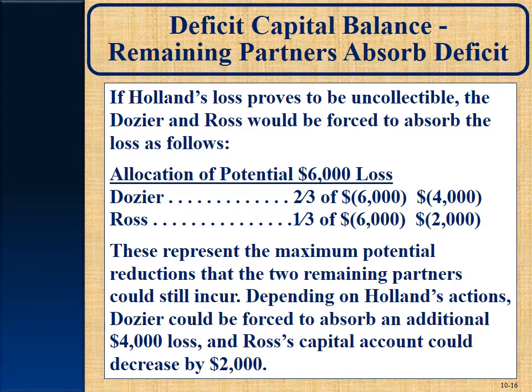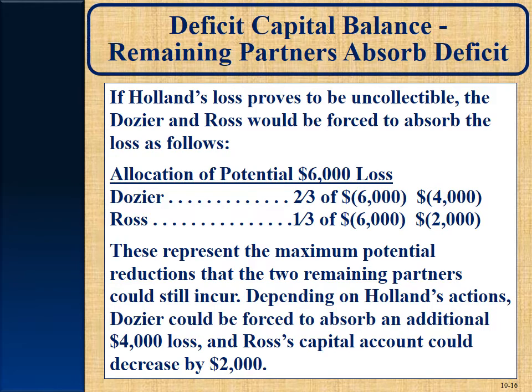That's all that means, is reduce their capital balance with that deficit amount. How do they reduce it? Well, according to their profit and loss ratio between the two of them. And that's where we said it's normally a 40% and a 20%. That equals 60%. So 40/60ths of it will be absorbed by Dozier. 20/60ths, or 1/3, will be absorbed by Ross.